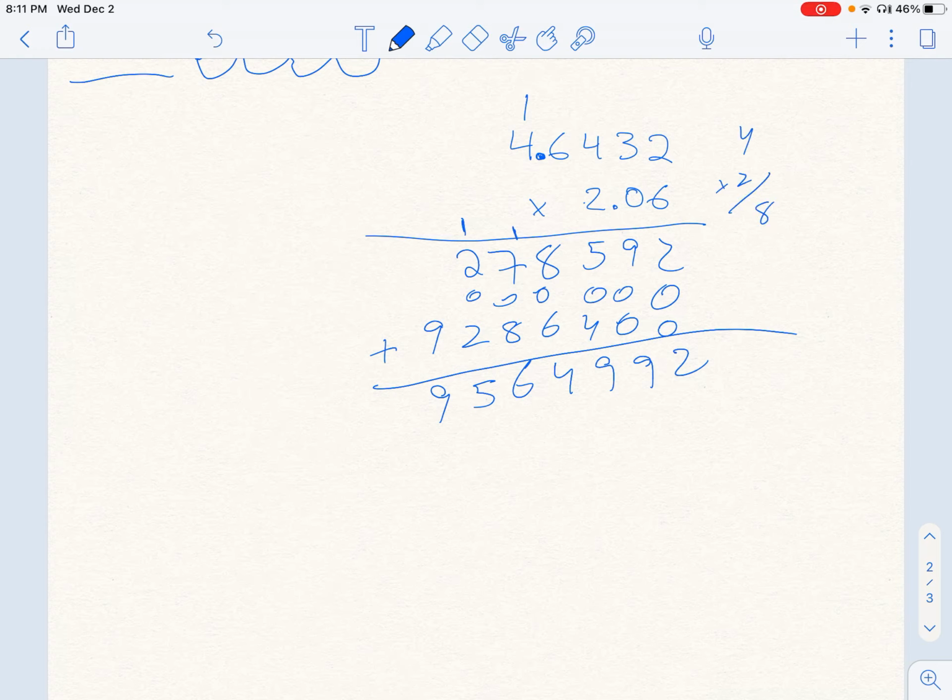Add them up. 8, 8, 16, 5, and 1. 7 times 2 is 14. So it's going to go there. 1, 2, 3. 1, 2, 3. Boom. Exciting stuff.